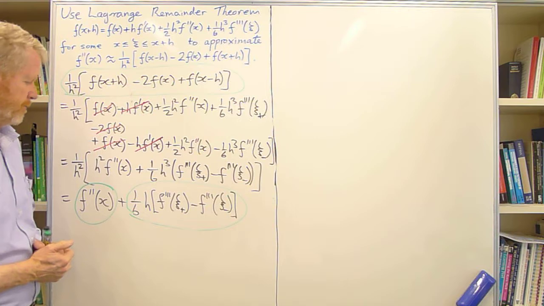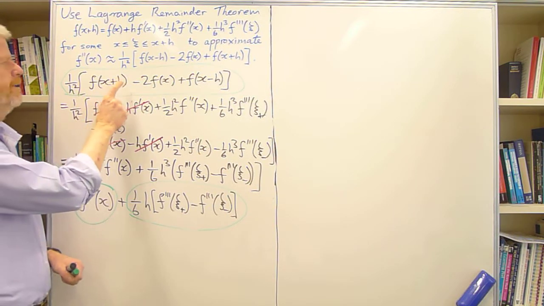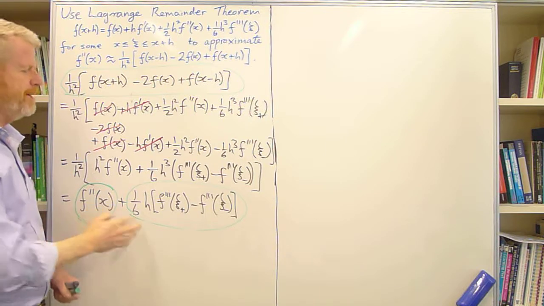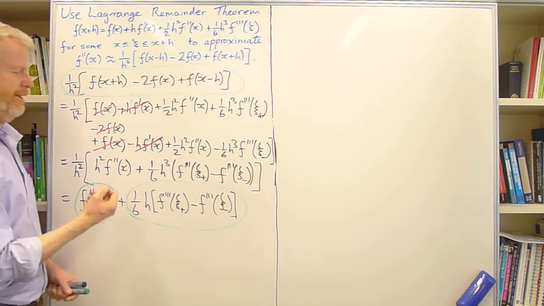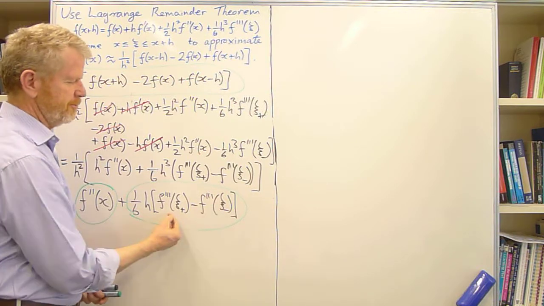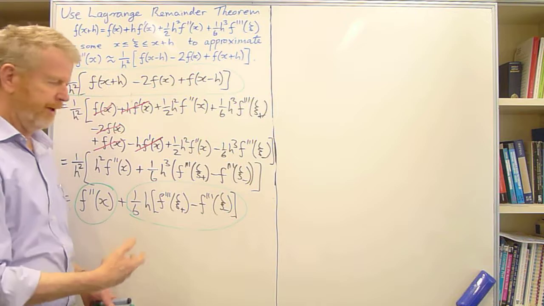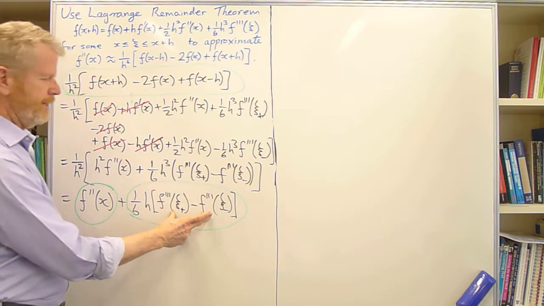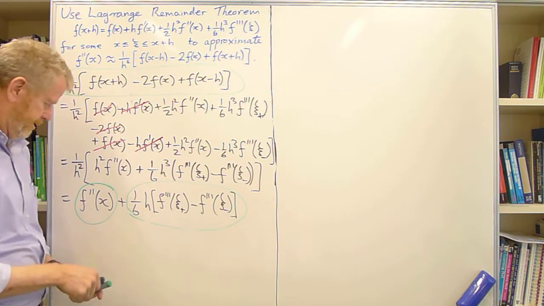Now, many of you will know that f double dashed is approximately equal to that, to a better approximation than what I've got written here. And the reason is that these triple derivatives nearly cancel, this one minus that one. So when these nearly cancel, that means that there's really an extra power of h here.